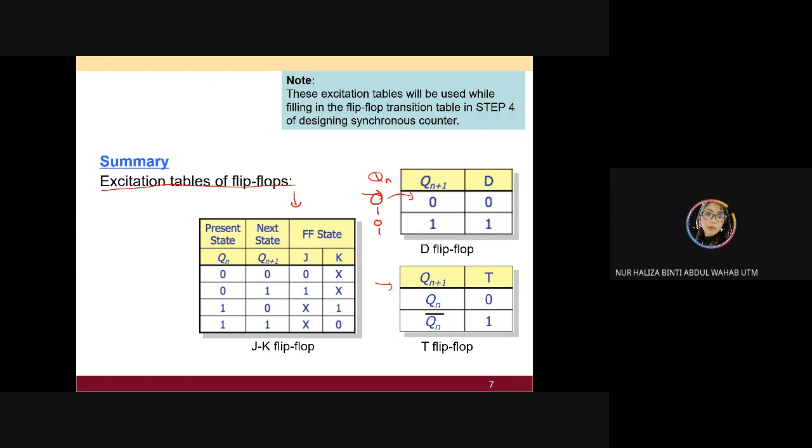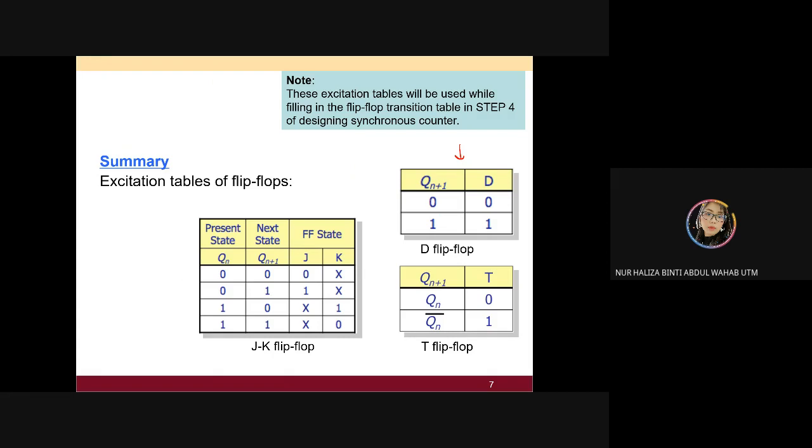If let's say it's 0 to 1, what will happen? 1 to 0, what will happen? 0 to 1, what will happen? 1 to 1, what will happen? So you need to check all the conditions also. Then you're going to get the summarization of this table.